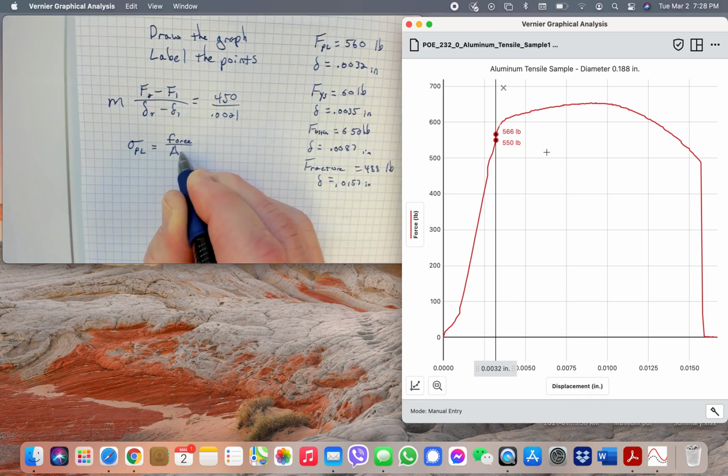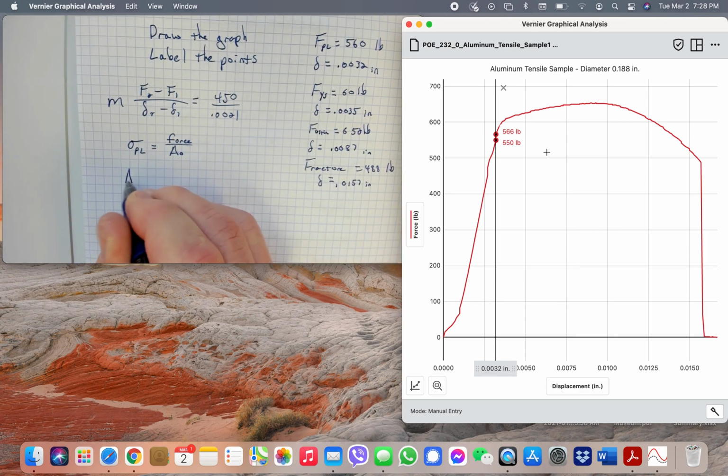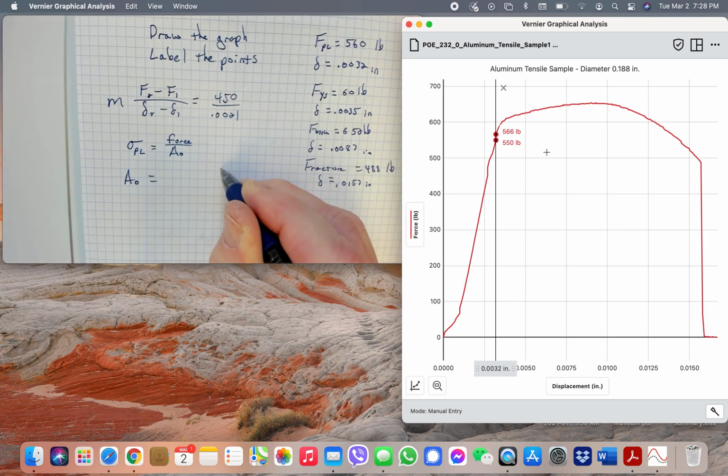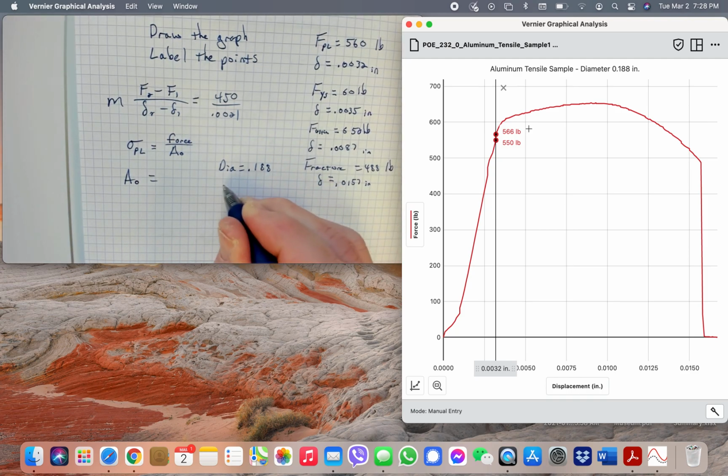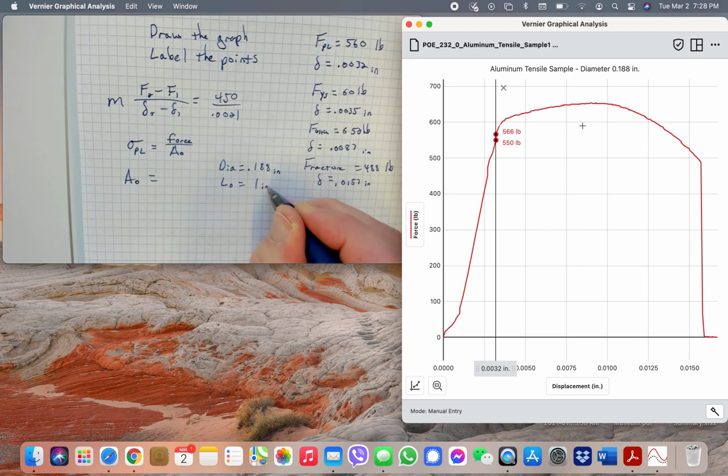over the original area. So our original length is with our diameter of, so we've got to look, 0.188. And our original length is 1, and that's in inches.